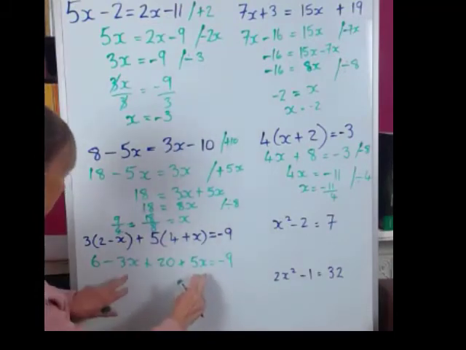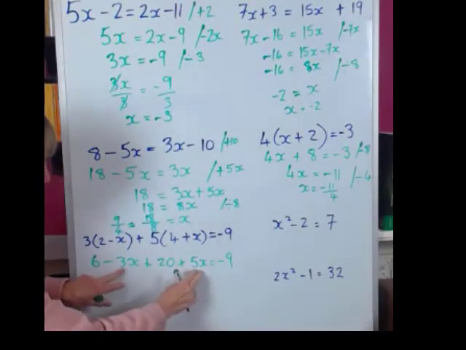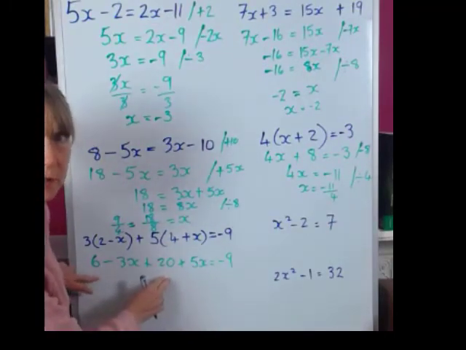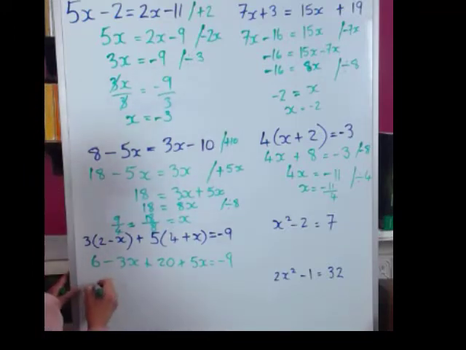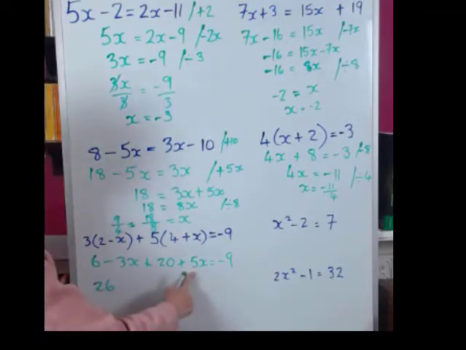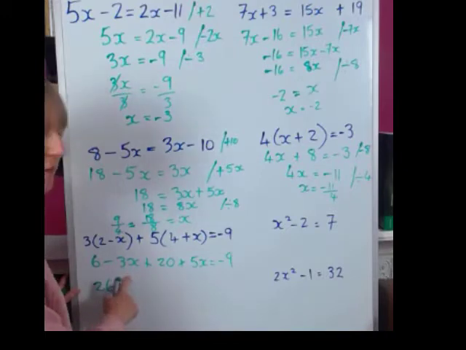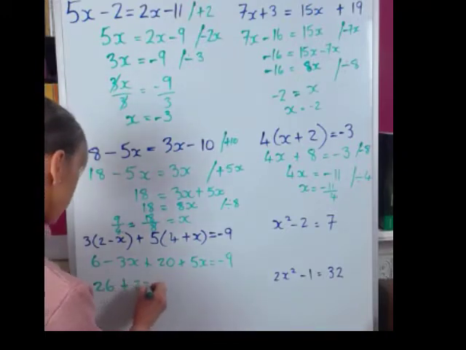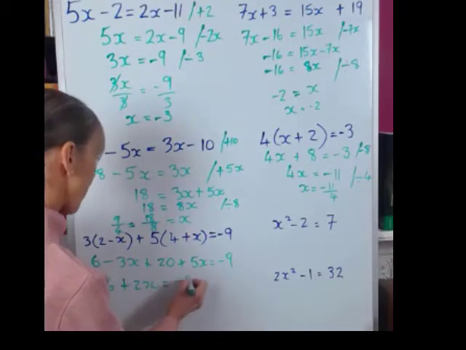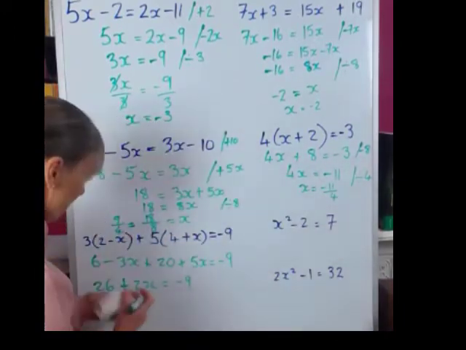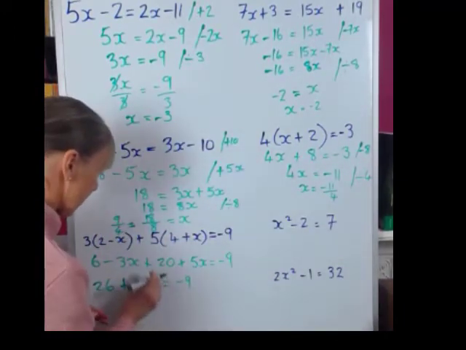So we can put the x's together and we can put the constants, the numbers, together. So putting the numbers together, we get 26. So we've got 5 lots of x minus 3 lots of x is plus 2 lots of x equals minus 9. My x came adrift.